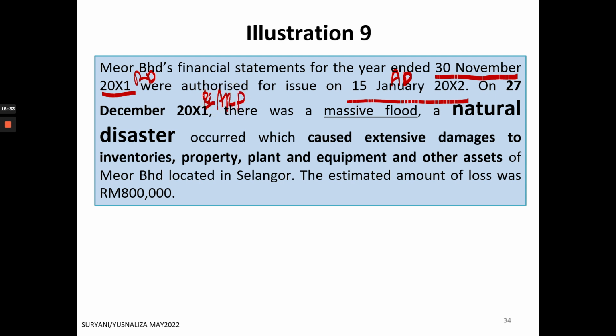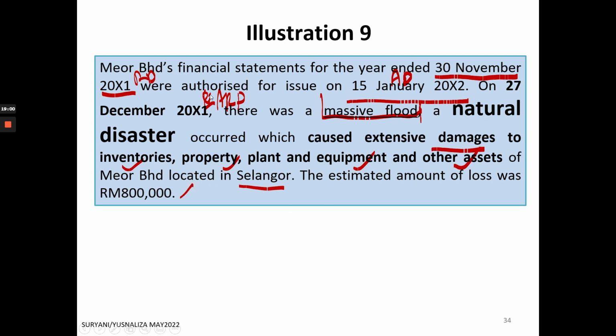There was a massive flood, which is a natural disaster, and that flood has caused extensive damage to the inventory, property, plant and equipment, and other assets of the company, Mio Berhad, that is located in Selangor. The estimated amount of loss was 800,000. So the estimate is available.